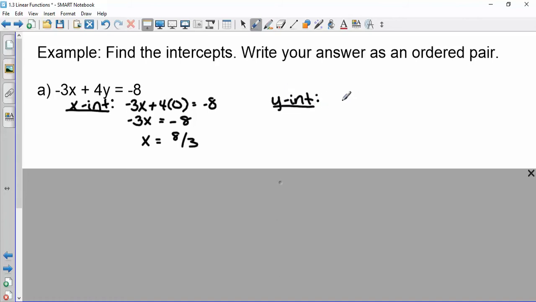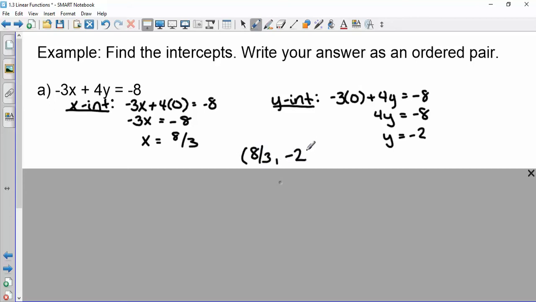Y-intercept. What do we do? Plug in a 0 for your x. So we get 4y equals -8. So y is -2. Now right here, people get this and then I ask for an ordered pair and this is what they give me.